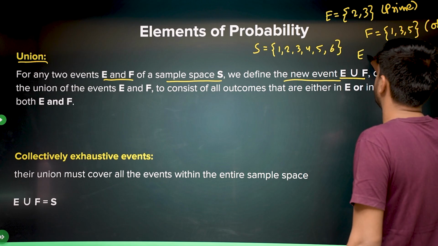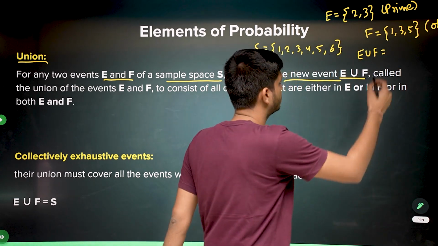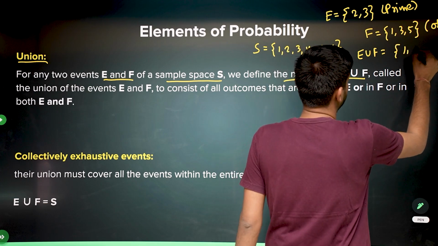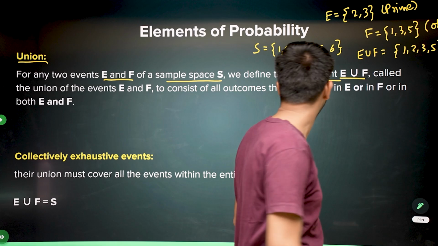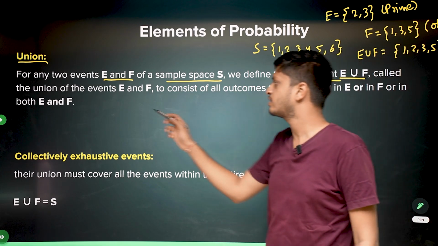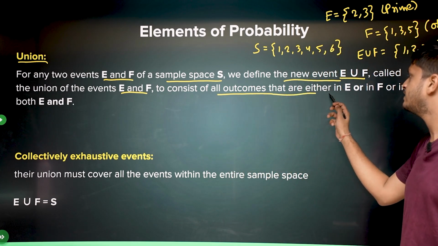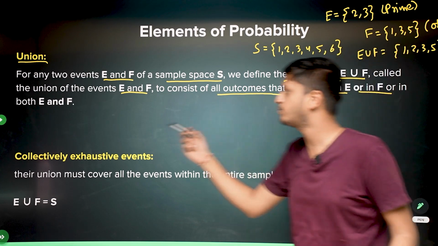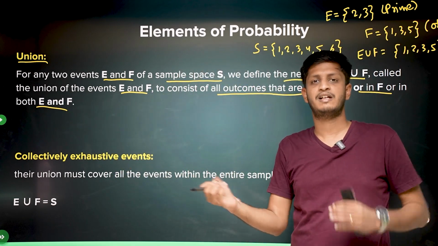Then E union F will be what? Getting a prime number or an odd number. So it's like 1, 2, 3 and 5. Okay. So the E union F is called the union of events E and F, and it consists of all outcomes that are either in E or in F or in both E and F. So that's what we did. Just take all the elements in E and F both.